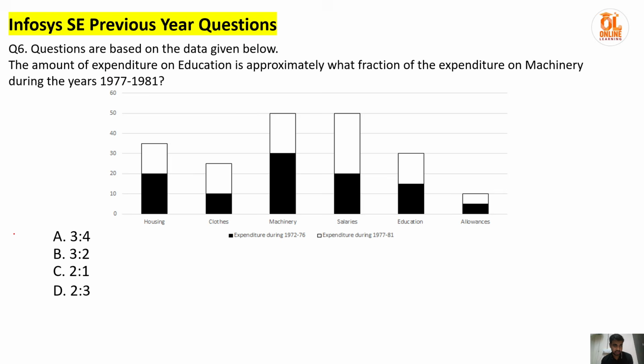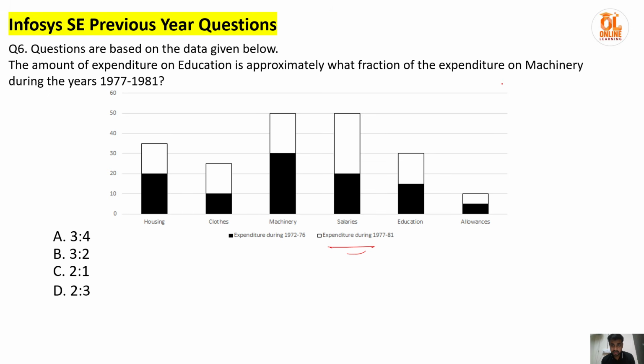Let us move to the next question. Based on this DI only, the amount of expenditure on education is approximately what fraction of expenditure on machinery during the years 1977 to 1981? Again, this white part.